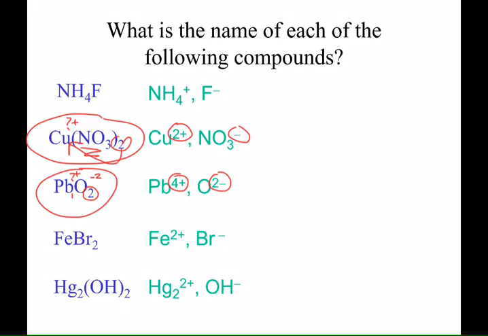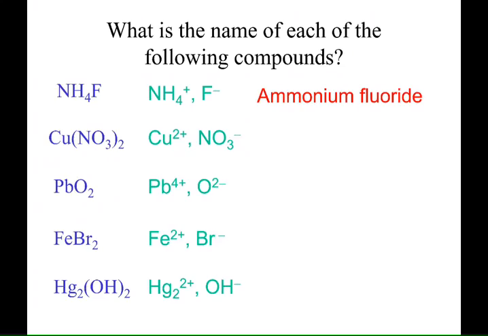So for the first one, can you see NH4+, of course, is ammonium, and F- is fluoride. So ammonium fluoride is the name. Do we use Roman numerals for copper? Yes. So it's copper 2, what's the last name? Nitrate.